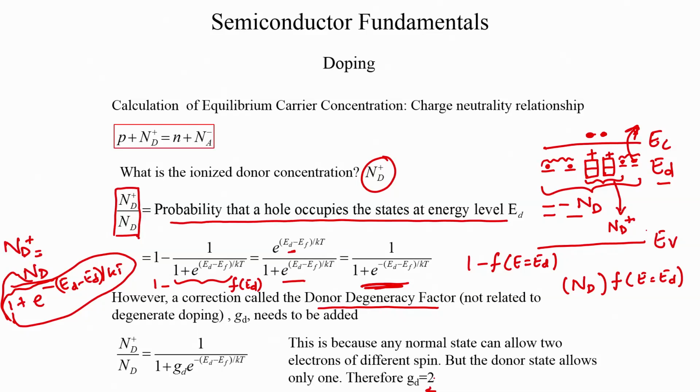Therefore, we take this answer which has come out from pure logic, the ratio of Nd plus by Nd, which is nothing but the probability that a hole occupies the states at energy level Ed, a logically good argument, but we attach this little correction factor called Gd, and that Gd takes a value of 2.